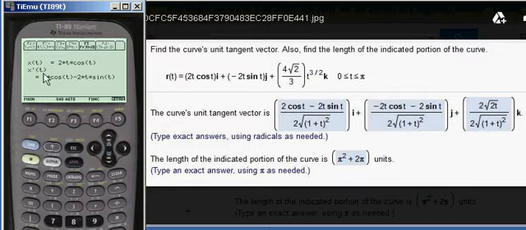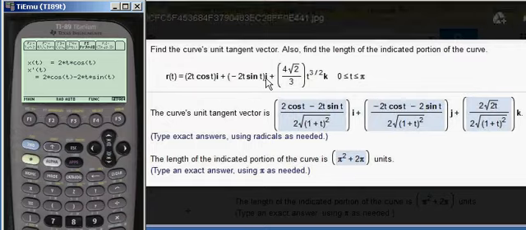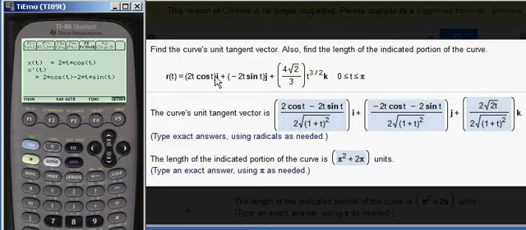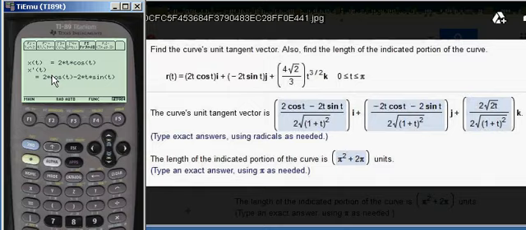Now x of t is equal to, remember, i is x, j is y, k is z. Those are the parameters that they give us. So the derivative of x of t, this one right here, is this right here, 2 times cosine of t. I'm not going to go through each one of them because it takes too much time for this video.